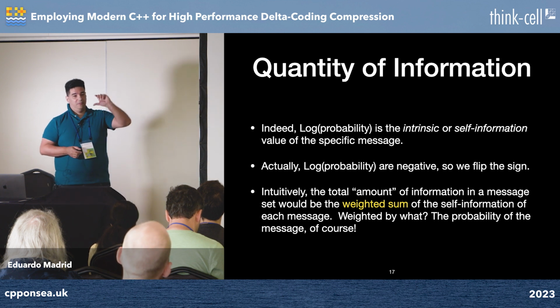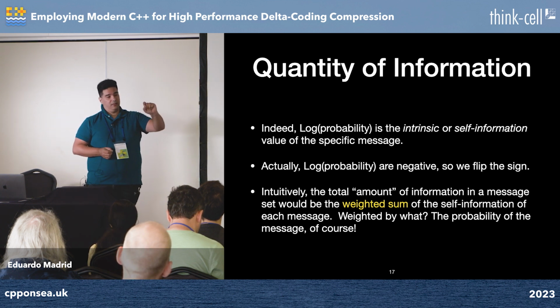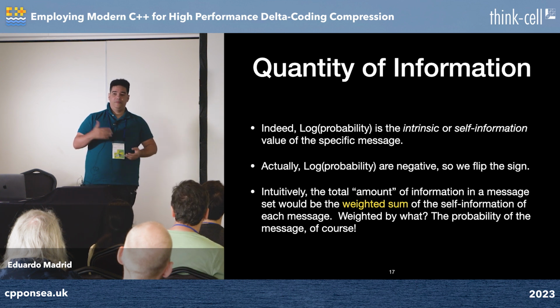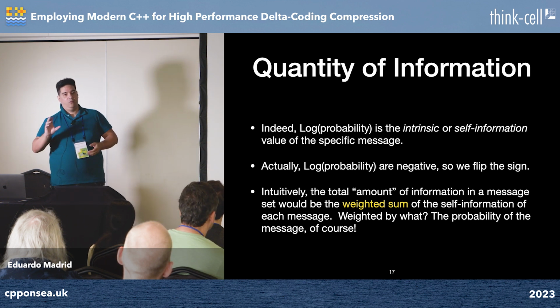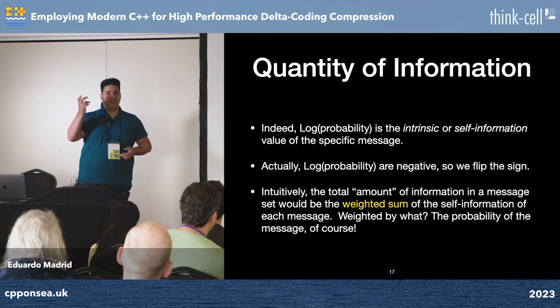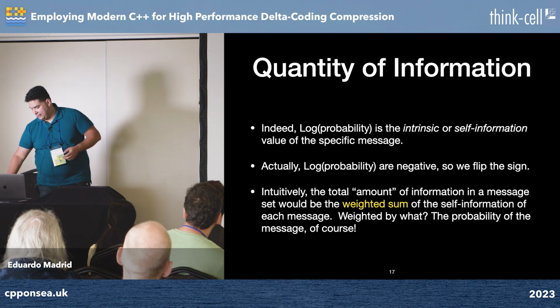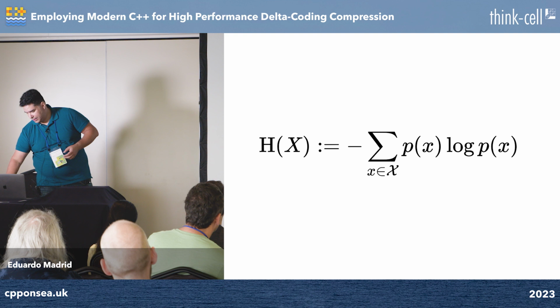But of course, we had to make the proviso that the logarithms of probabilities are negative numbers because the probabilities, by definition, have got to be less than 1. And we just changed the sign, and that is what we're looking for.